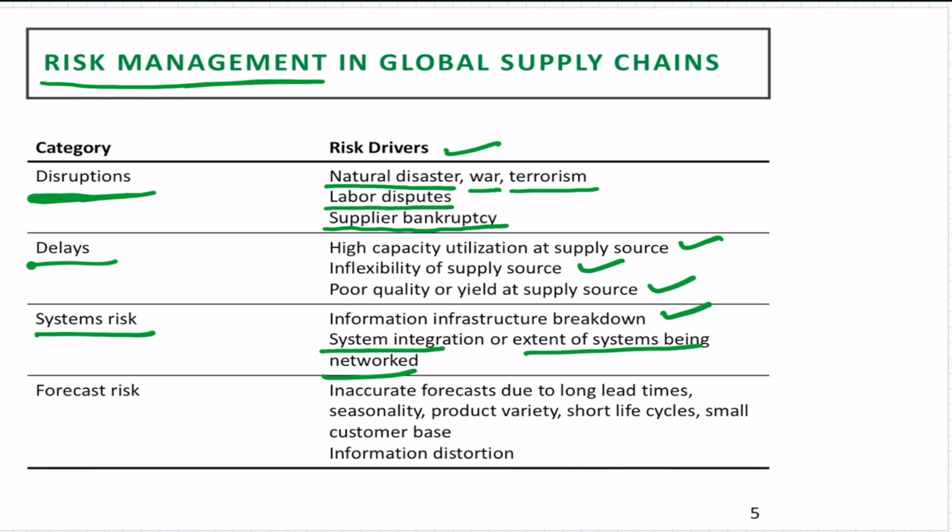In global supply chains, because many partners are involved, there is always a forecast risk because of inaccurate forecasts due to long lead times. There could be impact of seasonality. Product variety can also lead to forecast risk. Short life cycles, small customer base, information distortion. All these can cause forecast risk.